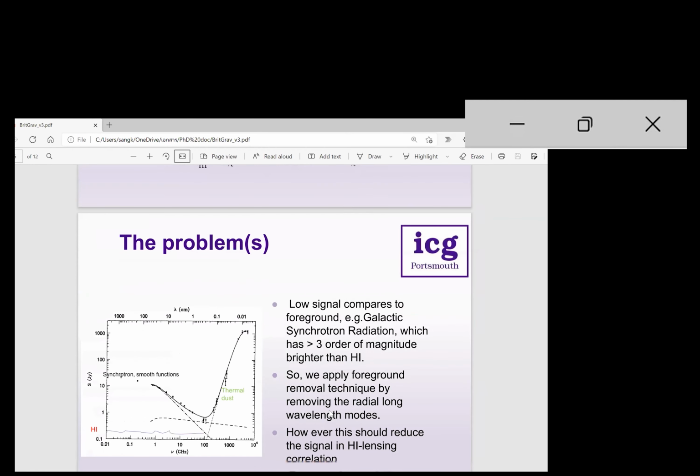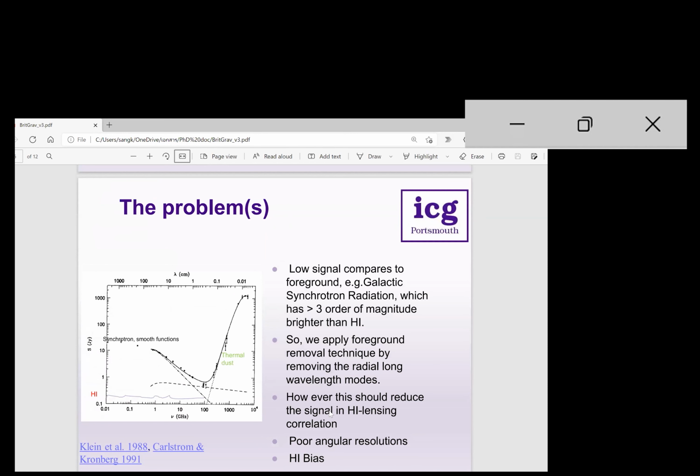The problem with this statistics is that neutral hydrogen normally has a lower signal compared to its foreground, which is mostly galactic synchrotron radiation, three orders of magnitude brighter than H1.